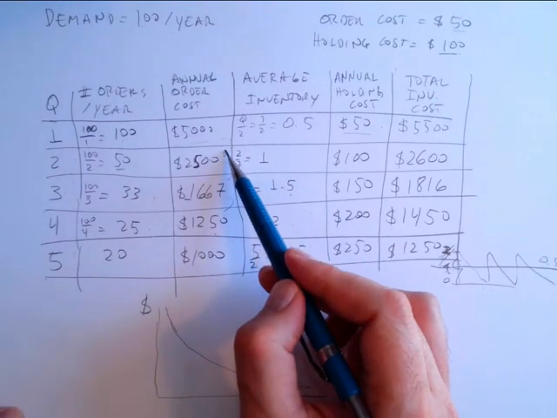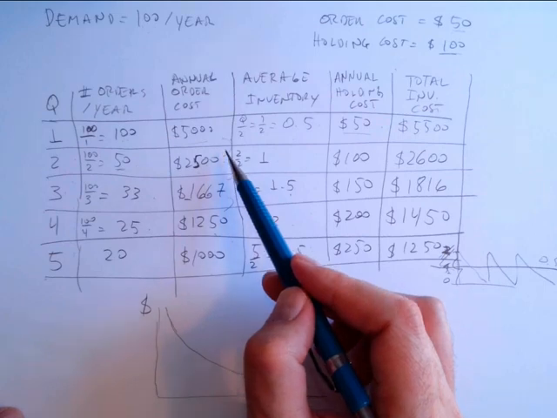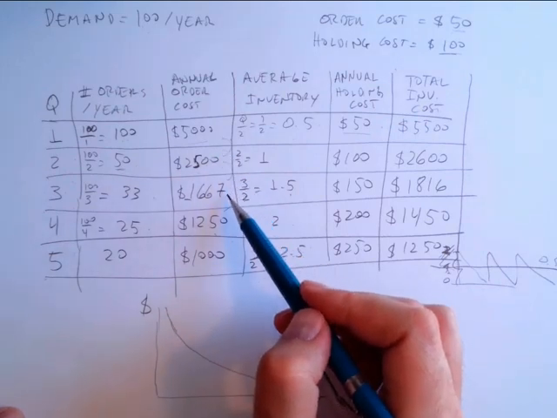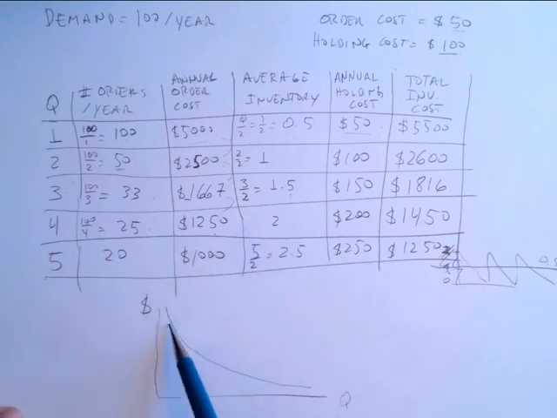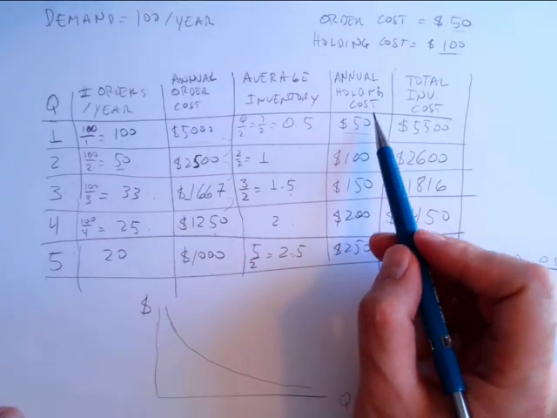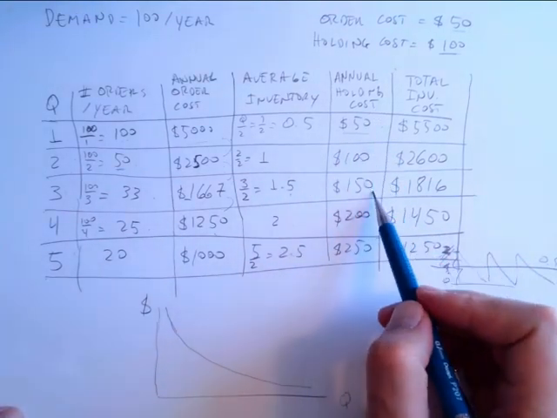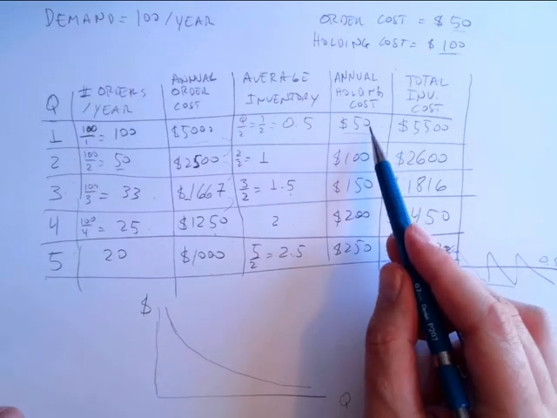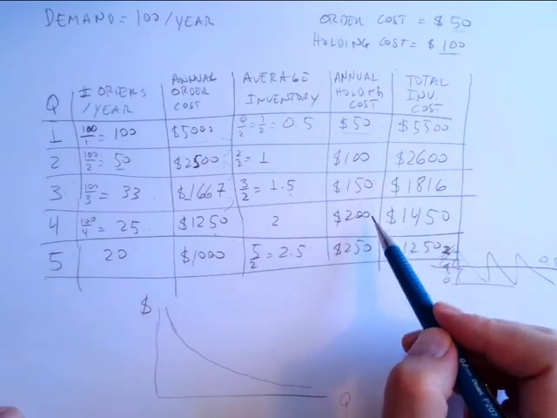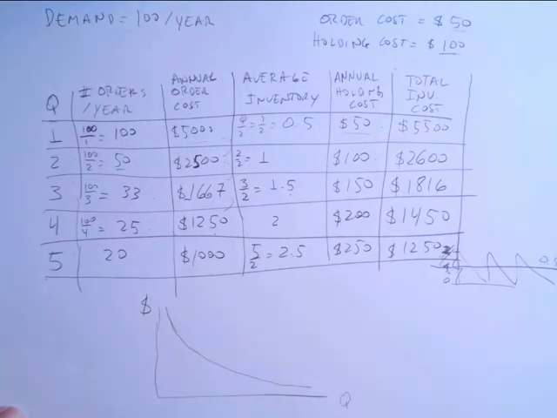So from this to this is 2,500. From this to this, I'm 800. From this to this, I'm 400. And from this to this, is 250. So that difference is reducing every time. What's happened to my holding cost? The holding cost is increasing. But at what rate is it increasing? It's increasing $50 for every half of a unit that I increase in the quantity.